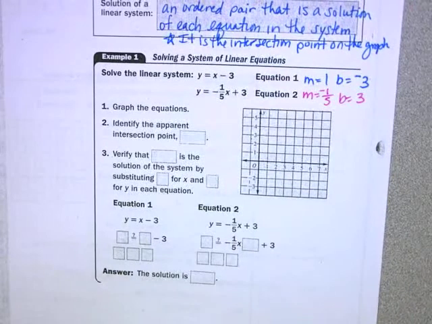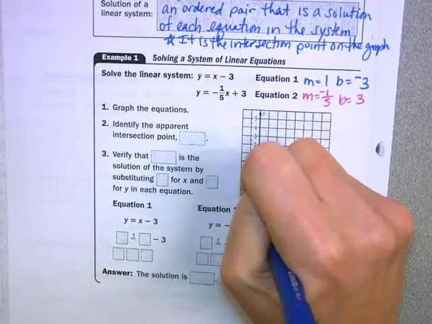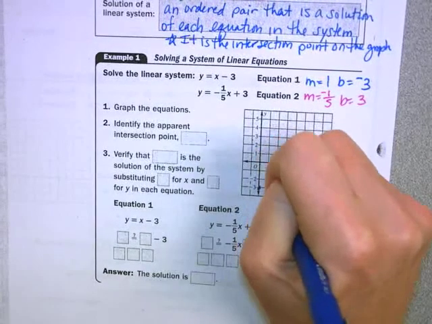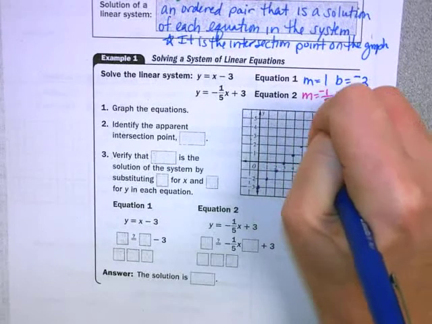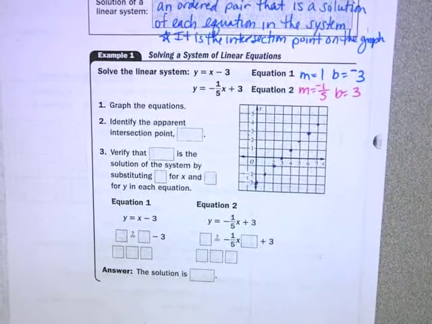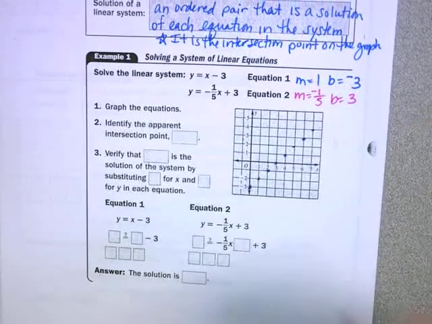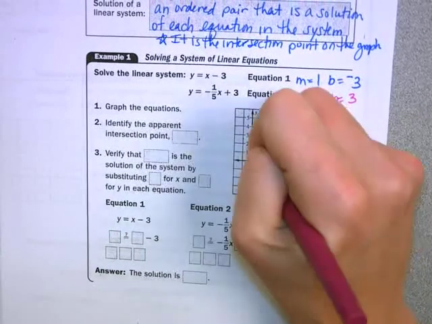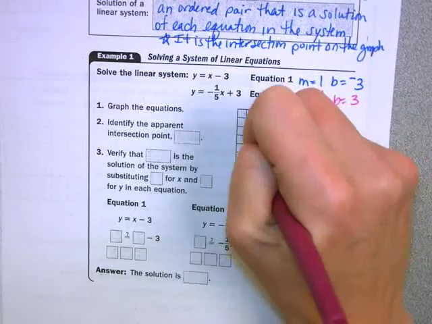All right, so my blue line, I am going to plot. I start at -3, and I'm going to go up 1 over 1. You definitely need a ruler for this as well. I'm going to continue this on my coordinate plane because I want to easily see where my intersection point is going to be. In my pink line, I have my y-intercept of 3, and then my slope is down 1, right 5.